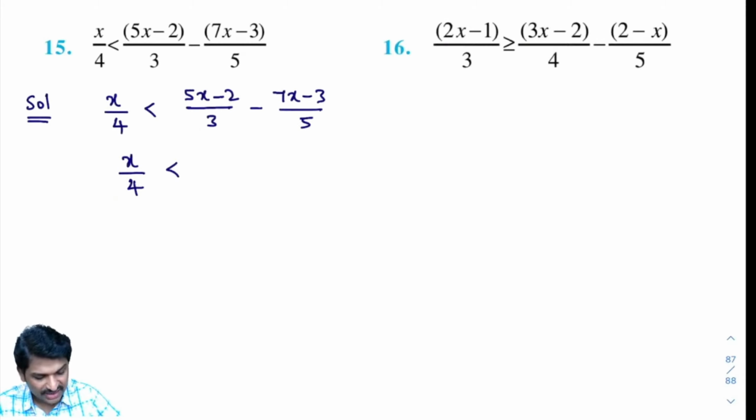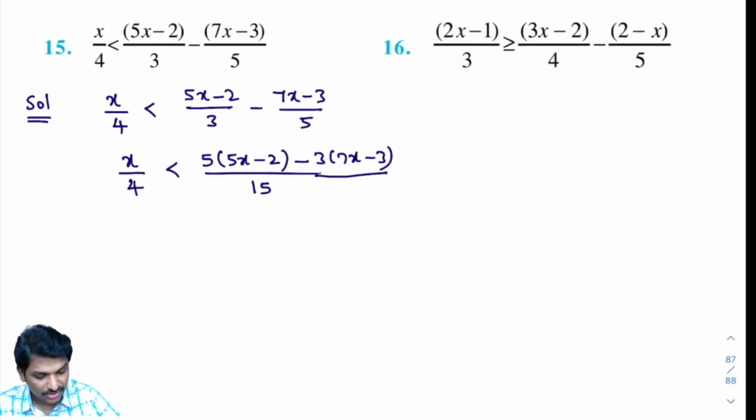x by 4 less than, what is the LCM? 3, 5 LCM is 15. Now what you will get? 3 in this 15, 5 times, so 5 into (5x minus 2), minus 3 into (7x minus 3).